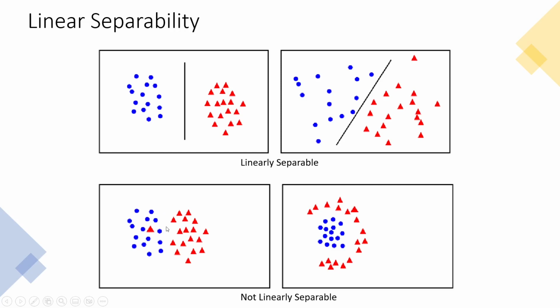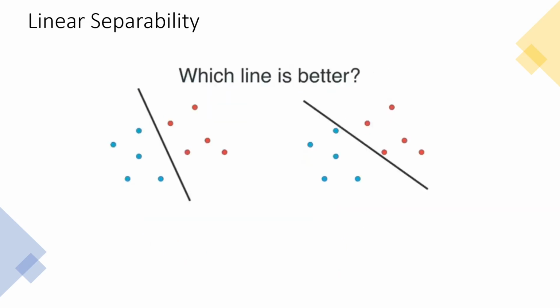So this is not a linearly separable set. And this is definitely not linearly separable because you could only split these two sets with a circle. If we had a circle surrounding these blue dots, that would split the two sets. But if we want to use just a line, there is no line that can split these two sets. I guess that's pretty clear.